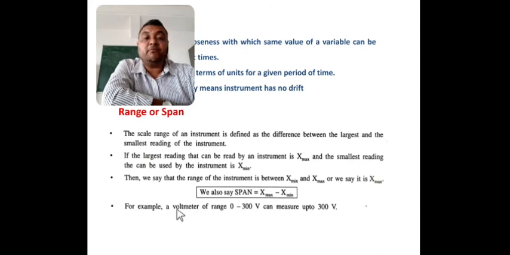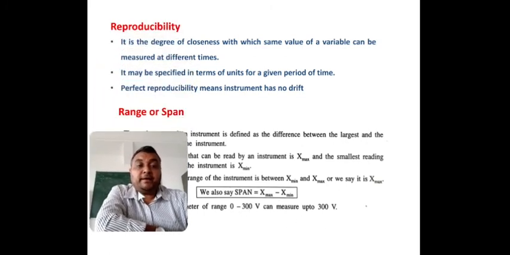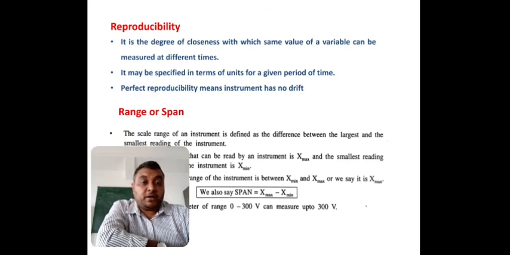For example, a voltmeter of range 0 to 300 volts can measure up to 300 volts. So that's how the range or span of a particular instrument can be defined.